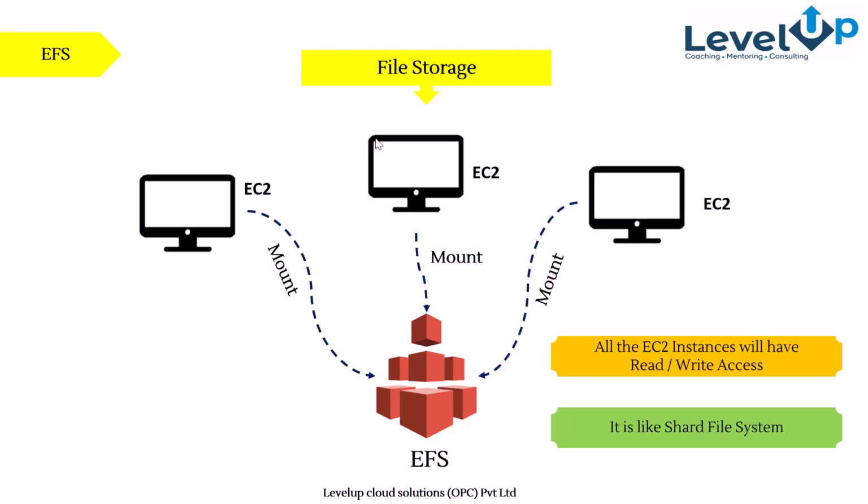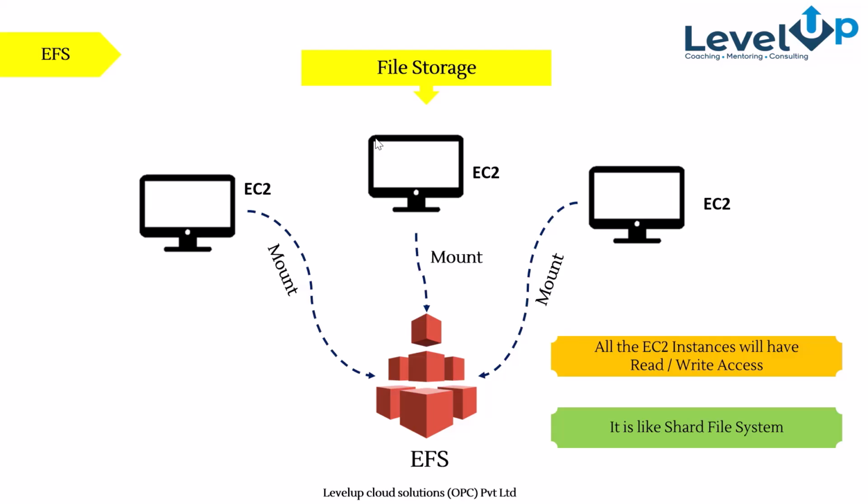So if you want to share data, or your applications are running on multiple EC2 instances and you want to create a file system for that, EFS is the best. All the EC2 instances will have read write access, and you can simply call it a shared file system. That is what an EFS is all about.